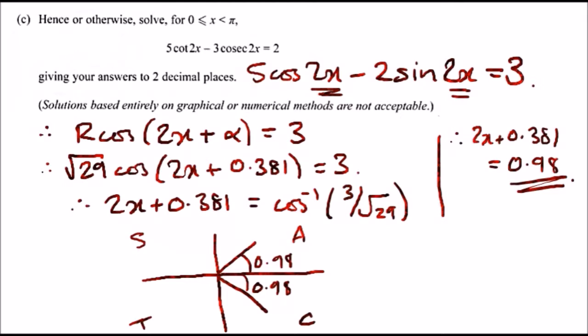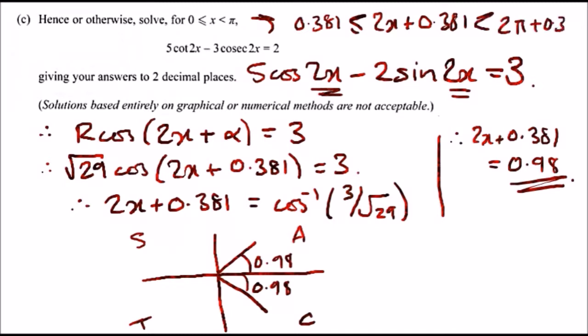So because we're working with this entire range here, we can expand this by firstly adding 0.381 across, doubling it first and adding 0.381. So our new range is 0.381 is less than or equal to 2x plus 0.381, which is less than 2 pi plus 0.381.